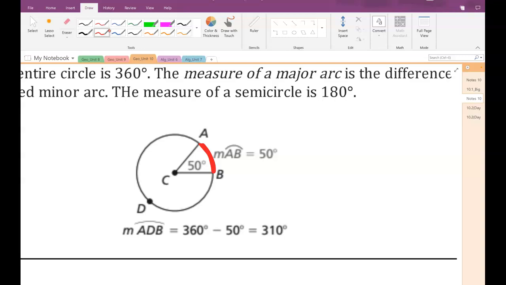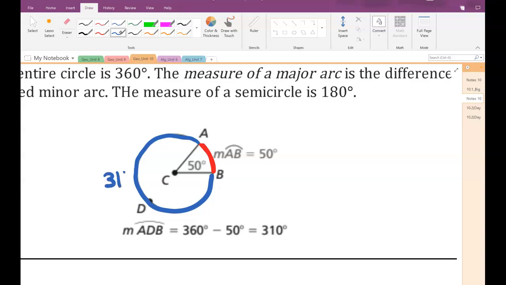To find the measurement of a major arc, a whole circle together is 360 degrees. So to find our major arc here in blue, we would have to take 360 degrees, so all of our circle, minus the slice of our minor arc. So 360 degrees minus 50 degrees.